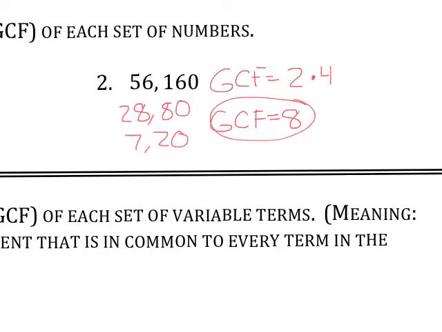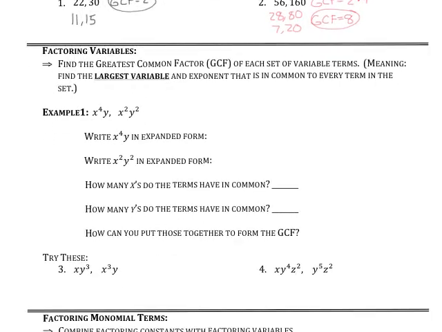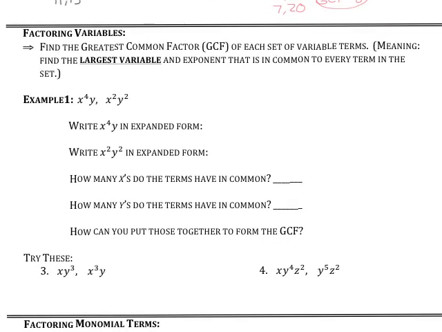All right. So now we know how to find the GCF of two numbers. What if we're trying to find the GCF of variables? Okay, so remember, GCF is the greatest common factor, the biggest thing I can divide out of every piece. So I want you to just go through example 1 together with your partners.